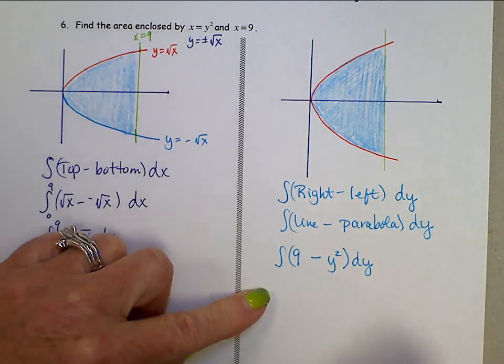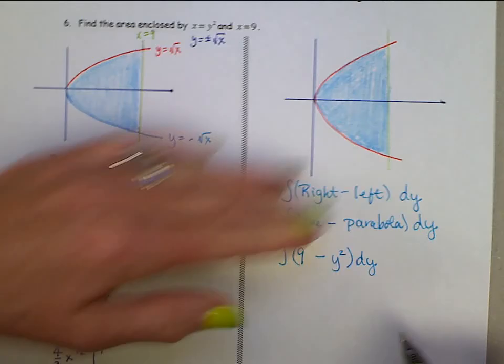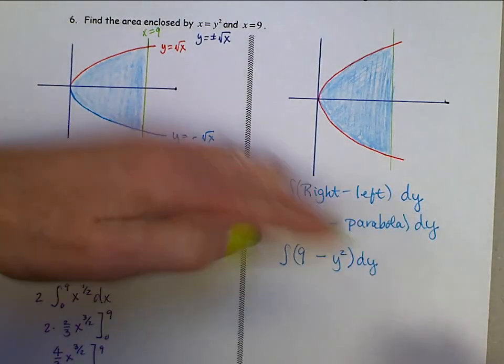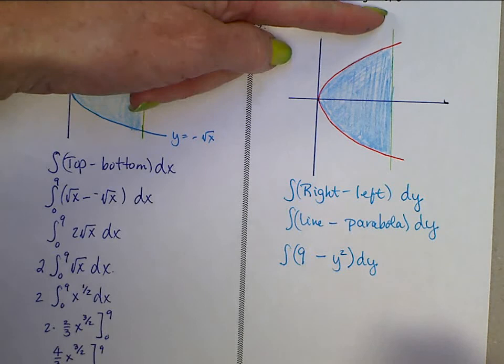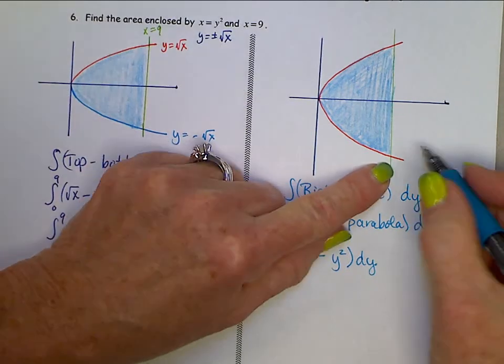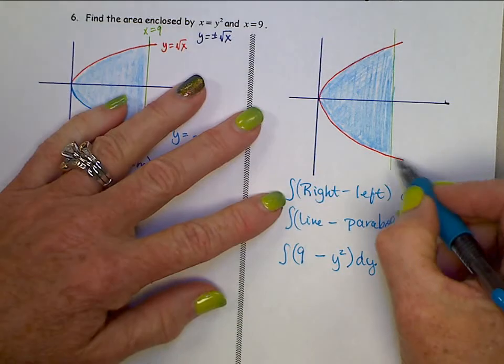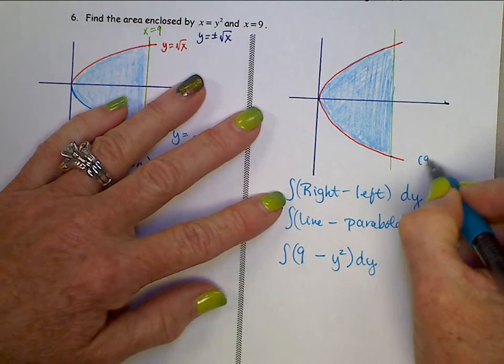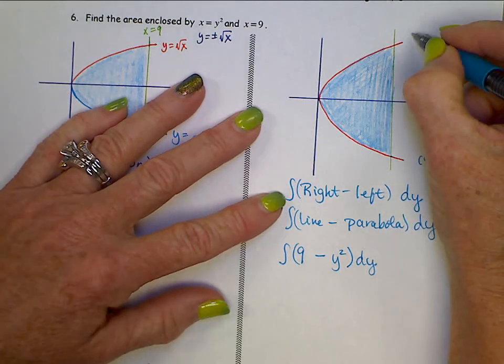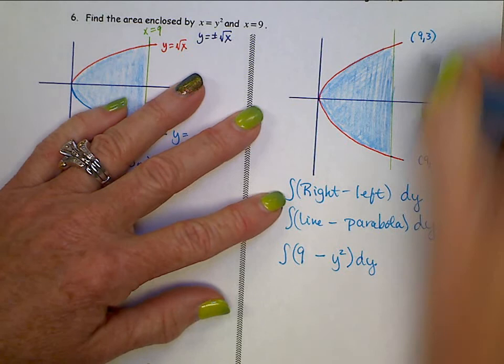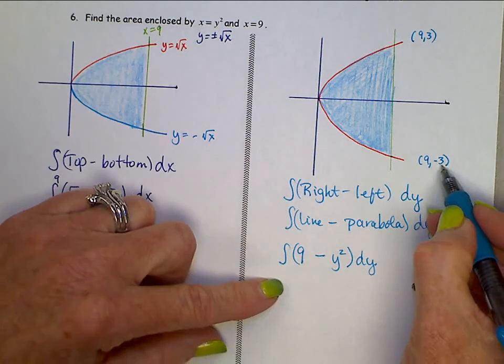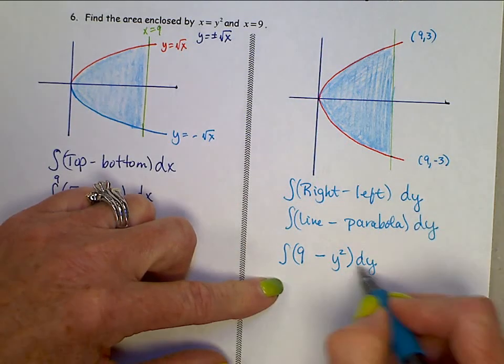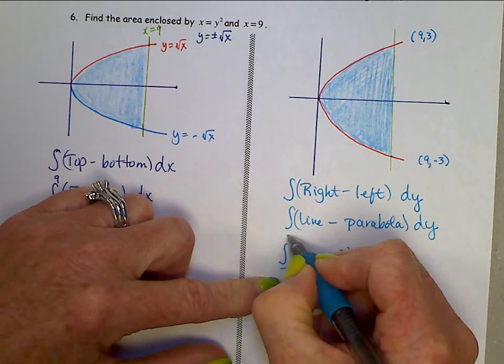All right, now bounds. We're going from bottom to top now because we want points of intersection from bottom to top. This point right out here was at 9, negative 3. This point was at 9, 3. So your y bounds this time, because we're in y, is negative 3 to 3.